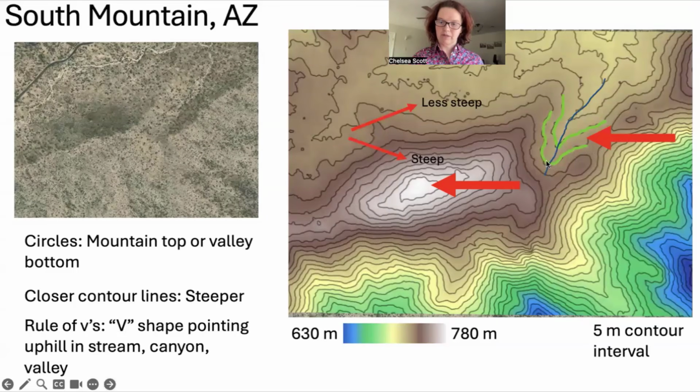So for this green line here, the uphill direction is going to be here where the V closes. And the downhill direction where the water will flow is going to be in the direction where the V opens. So this is this canyon here. And when there is water in this area, the water is going to flow down from the higher elevations to the lower elevations. And it will flow in the direction that that V opens.